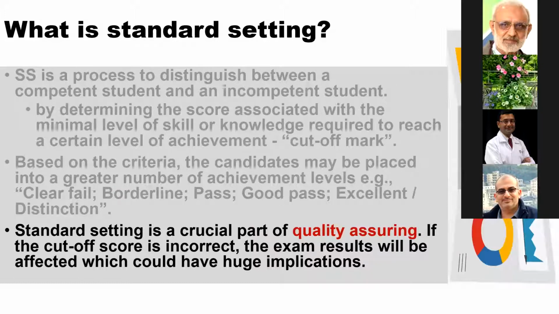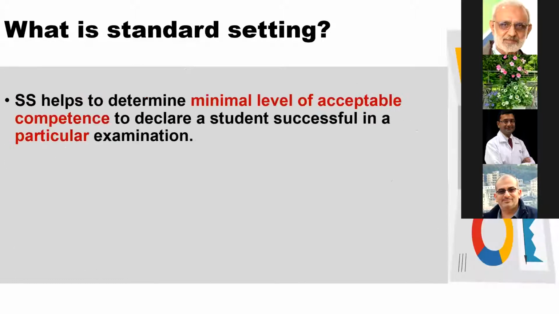If the cutoff score is incorrect, the exam results will be affected, which could have huge implications. Standard setting helps to determine the minimal level of acceptable competence to declare a student successful in a particular examination, that is, just pass.